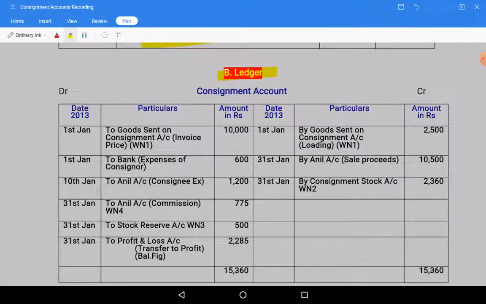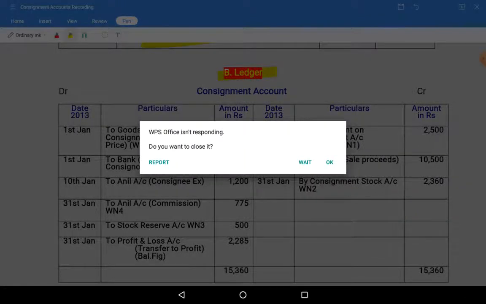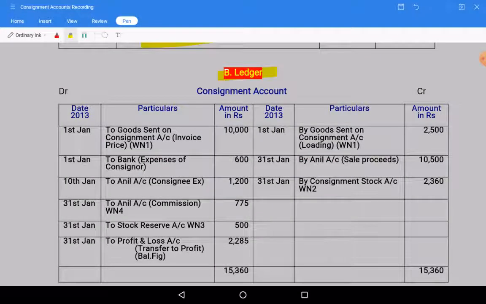Ledger B bit, ledger A bit, general entries is over. First we are going to see consignment account. Date wise information is given in this, so consider dates also while solving the problem.